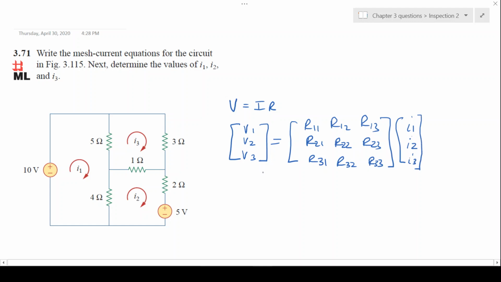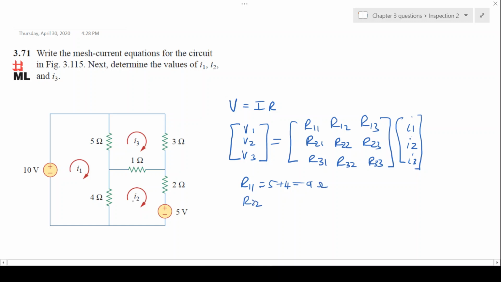Right. So now, what are the resistances R11 all the way to R33? We know that R11 would be the sum of the resistances that can be found in loop 1. So if we go around loop 1, the sum would be 5 plus 4, which gives you 9 ohms.